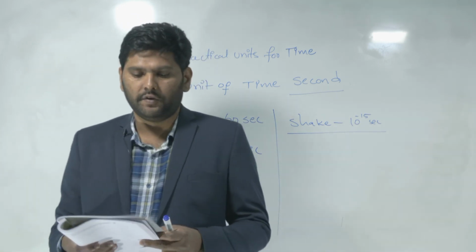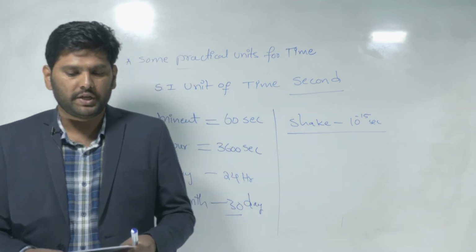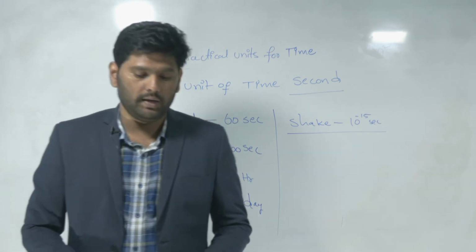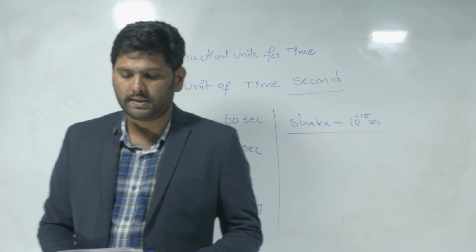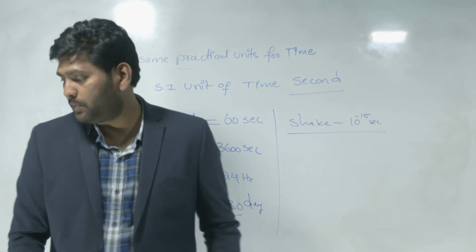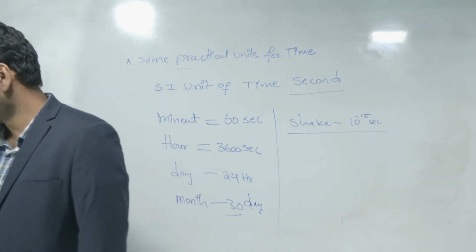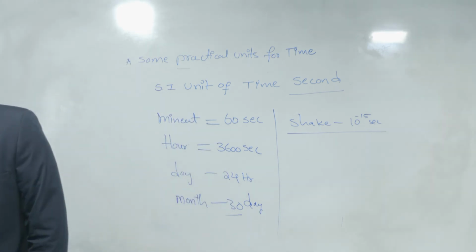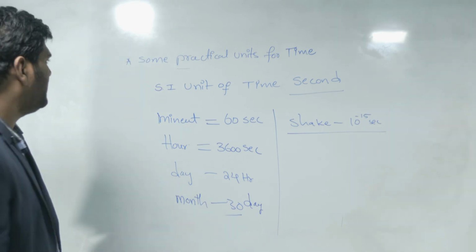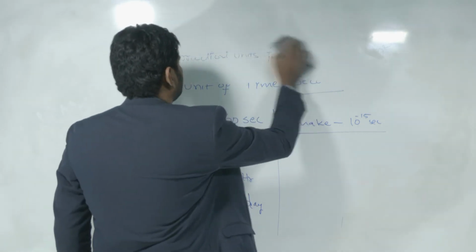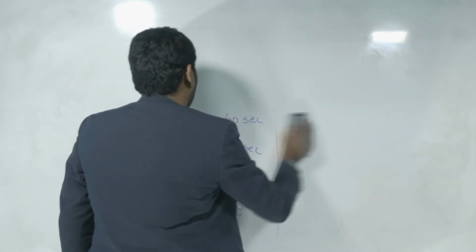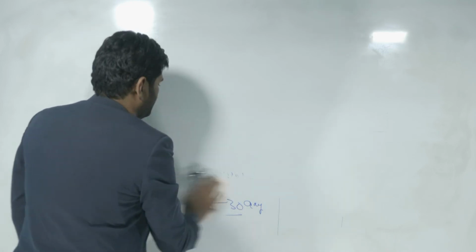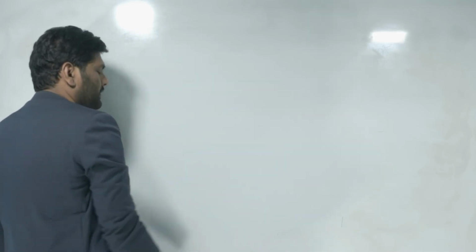In practice sheet 4, first of all, question number 1: the symbol that represents kilo. Kilo is represented with a small k. So obviously the answer is the second option.